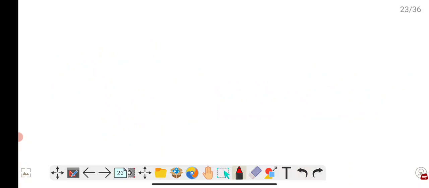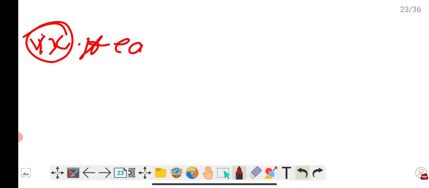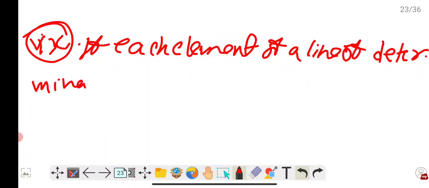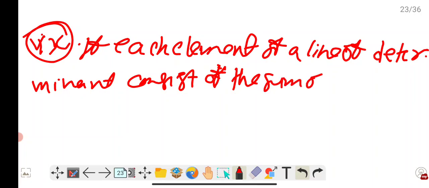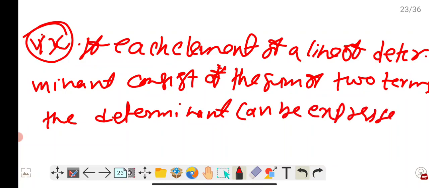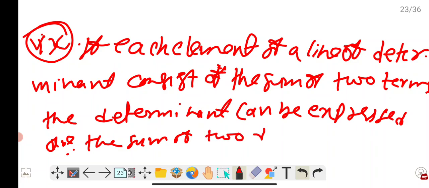For this we first write our property number 9.